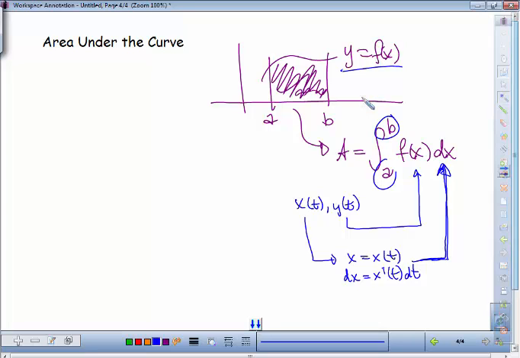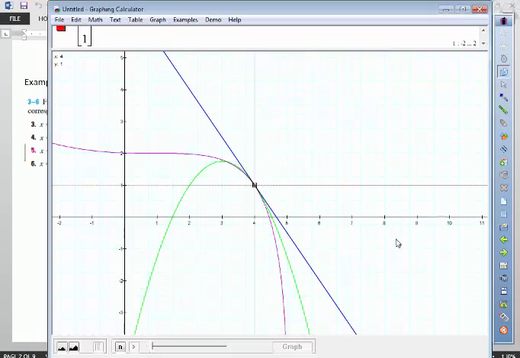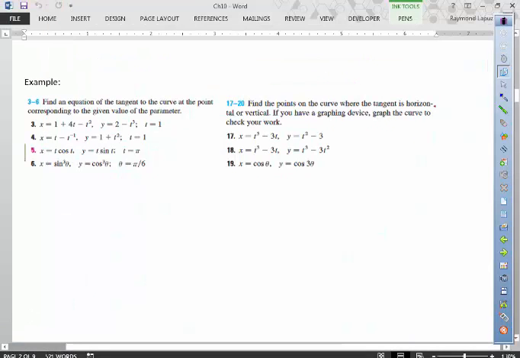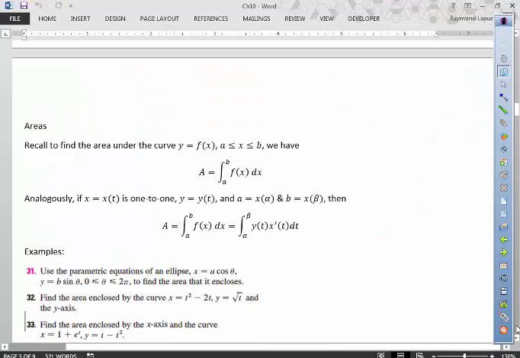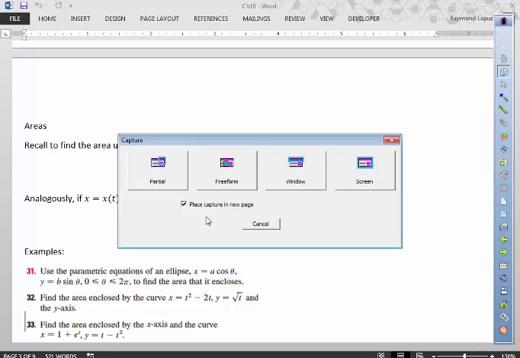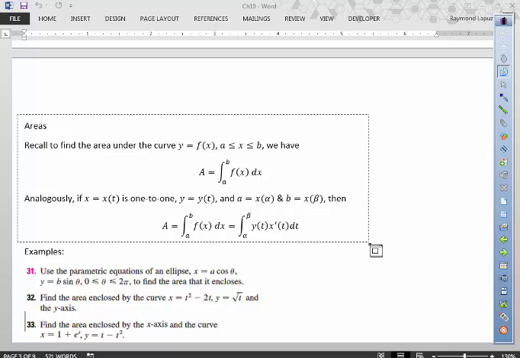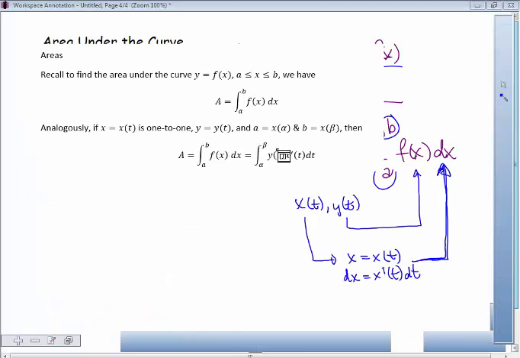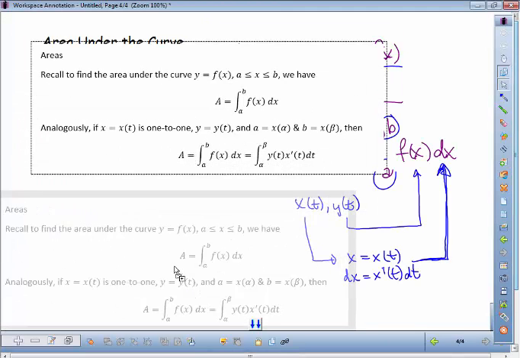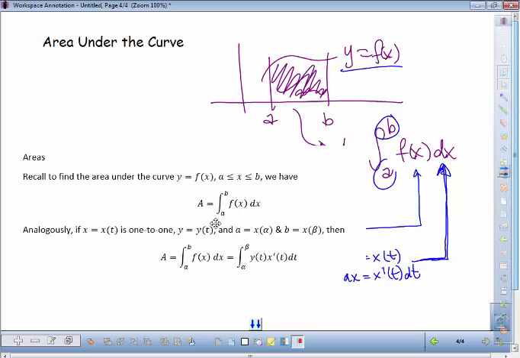So let me just show you the formula that they have in the book. Uh-oh, it's not going to fit.